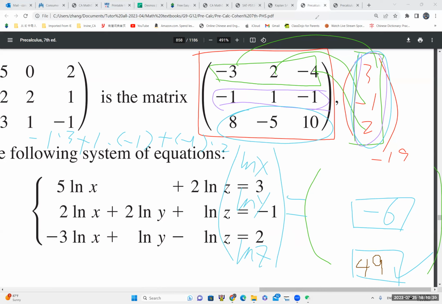So x equals e^-19, or we just write it as 1 over e^19, right? Then y equals 1 over e^6. z equals e^49, right? If we don't make a mistake, suppose it's correct.